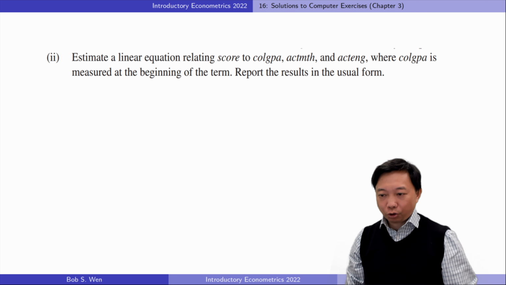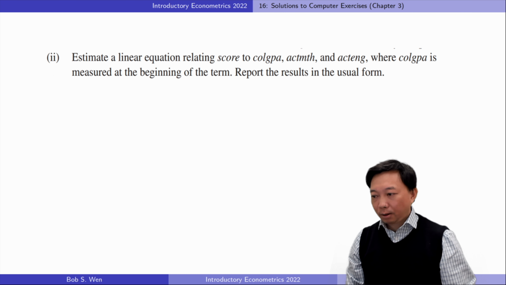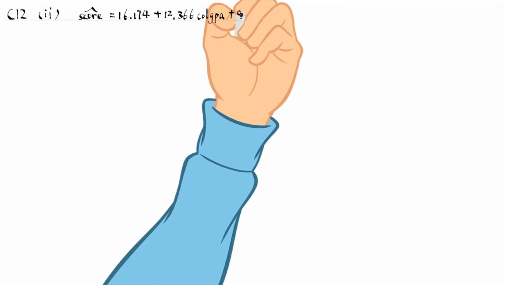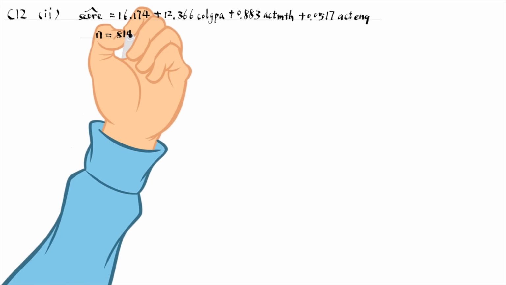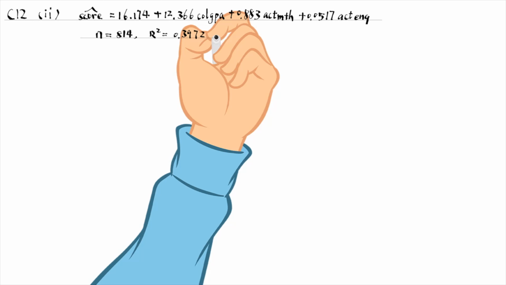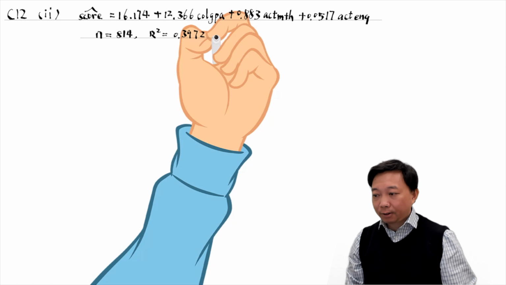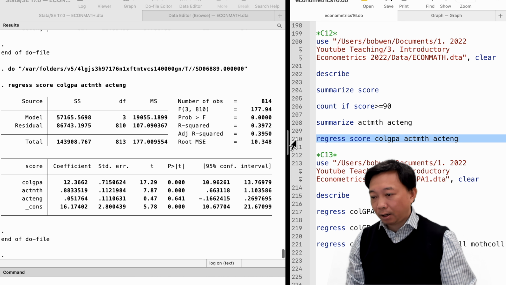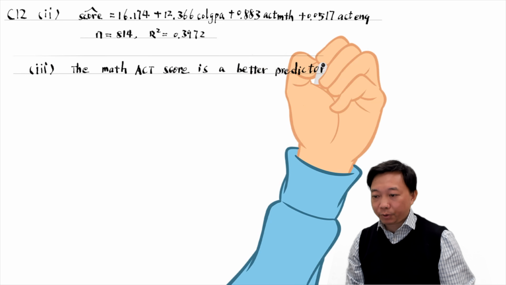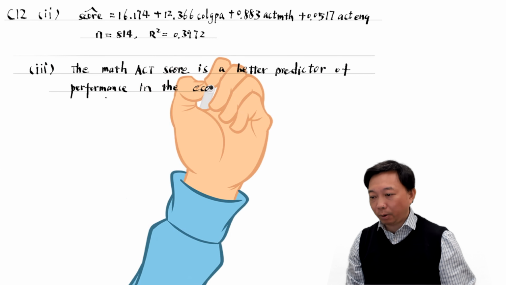For the second question, the estimated regression is as follows. The Math ACT score is a better predictor of performance in the economics course than the English ACT score because the English ACT is not significantly different from 0 at the 10% level.